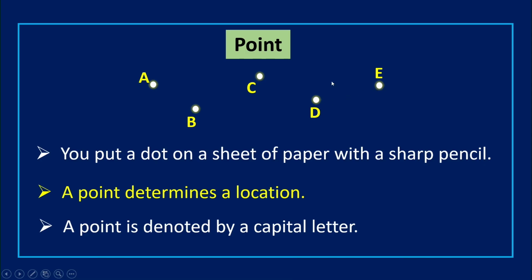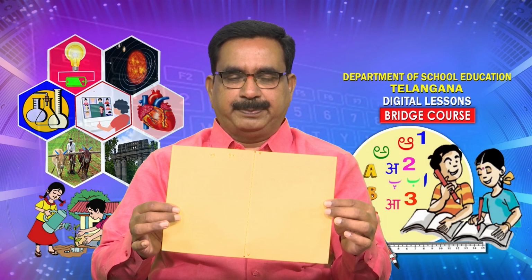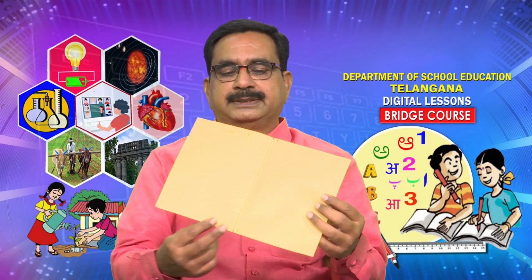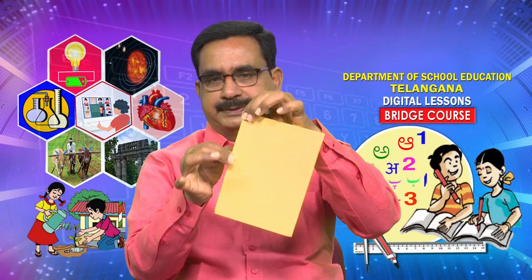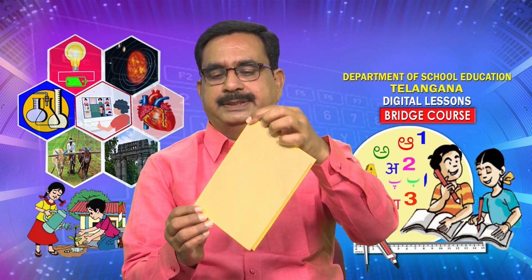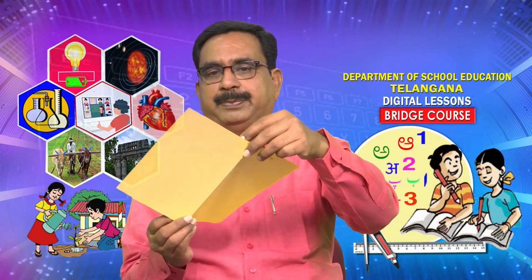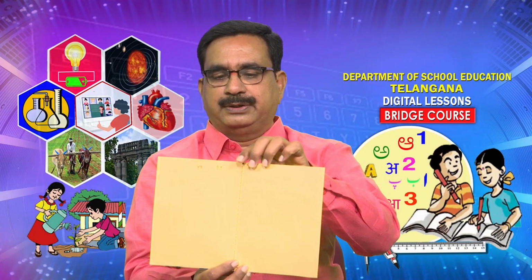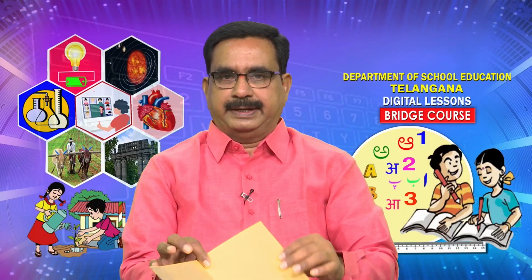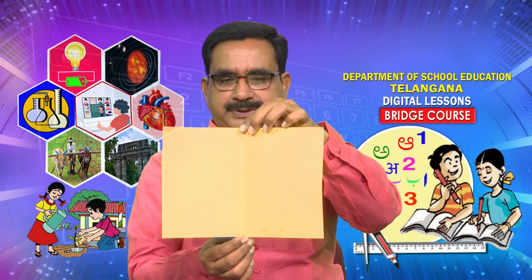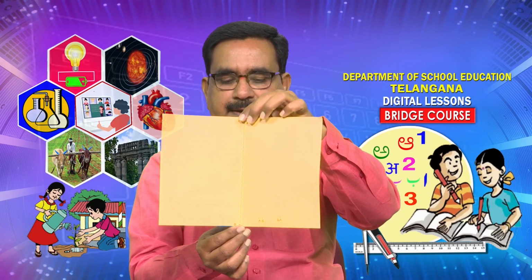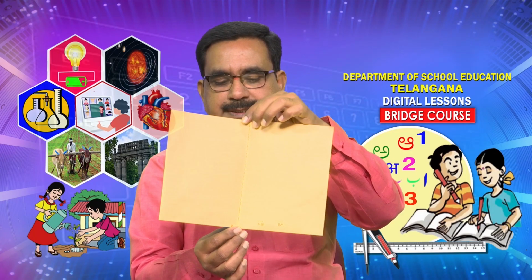Let us now go to the next, line segment. Take a paper, fold it vertically, horizontally and crease it. After that, you open the paper. You are looking at a dotted line, with an end point A and an end point B. It gives us an idea of a line segment.